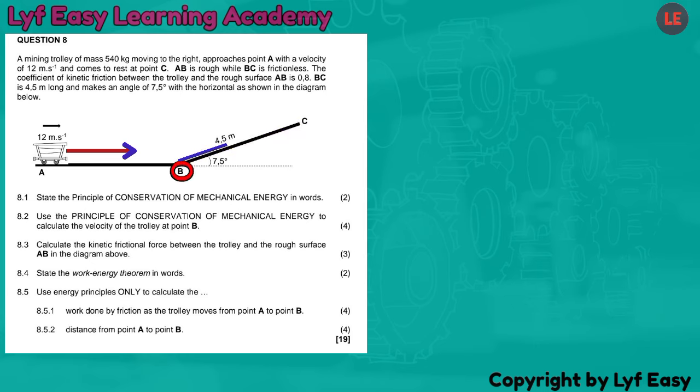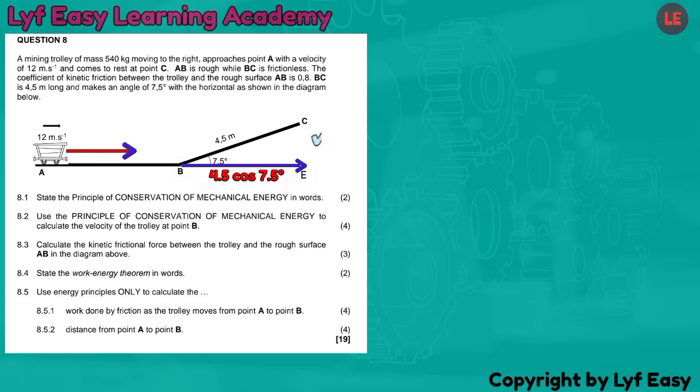We are given the length of B to C to be 4.5 meters. This length makes things easier for us to get the height of point C. We introduce the horizontal component from point B to point E. This point E is from our labeling. That horizontal component is 4.5 cos 7.5 degrees.